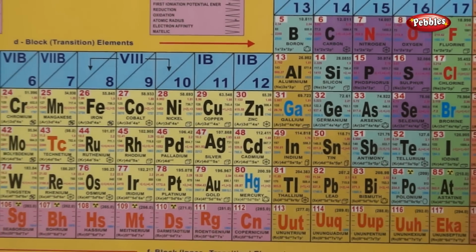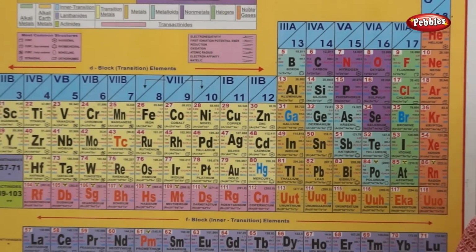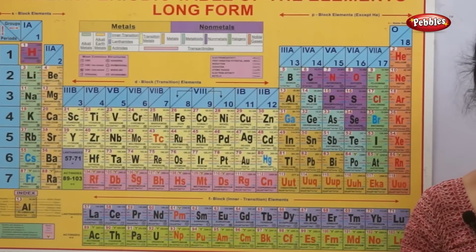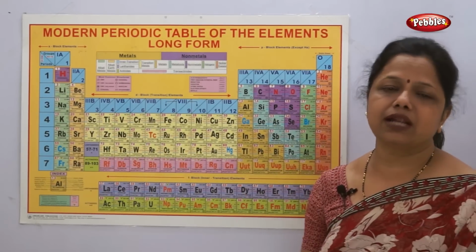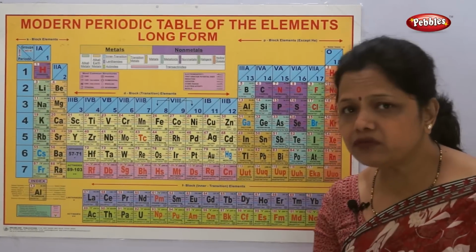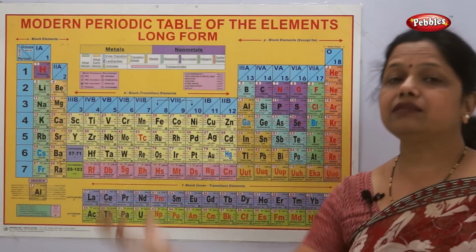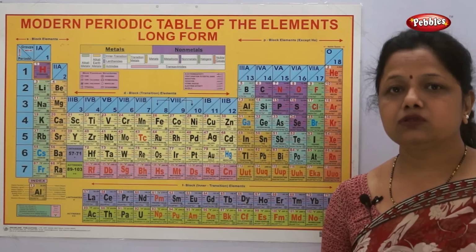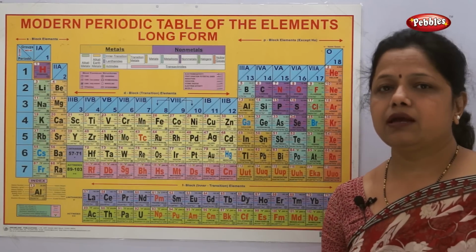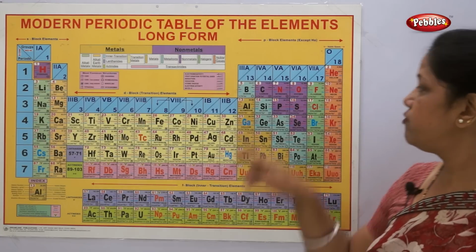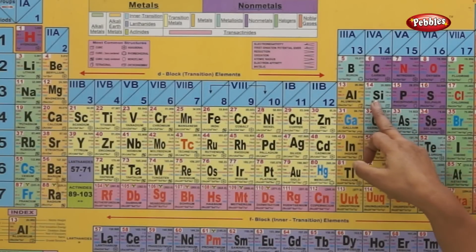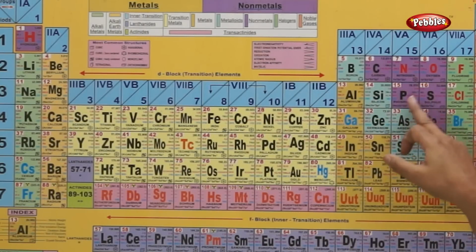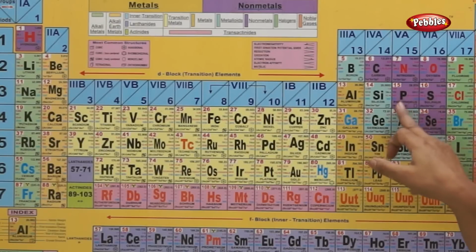How will you distribute in the electronic configuration? 2, 8, 5. Now these 5 electrons are very difficult to remove from the last shell. It is easier for this atom to take 3 electrons from others. So the valency becomes 3 and the valence electrons are 5. Till silicon, the valency was 4. Now it dropped down to 3 because it needs 3 more electrons to complete the octet.